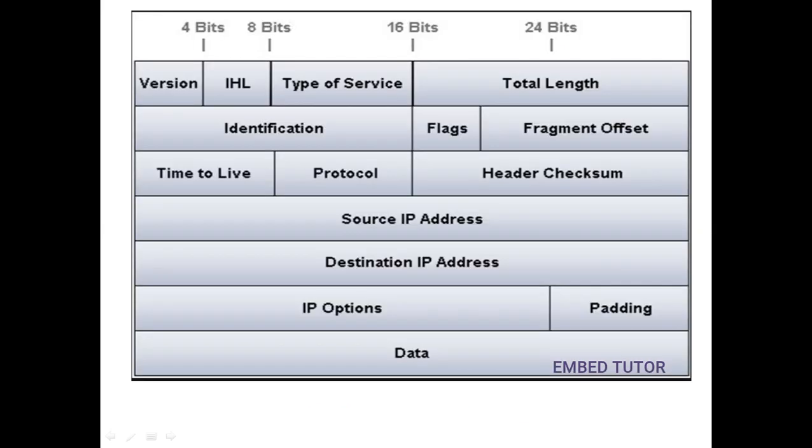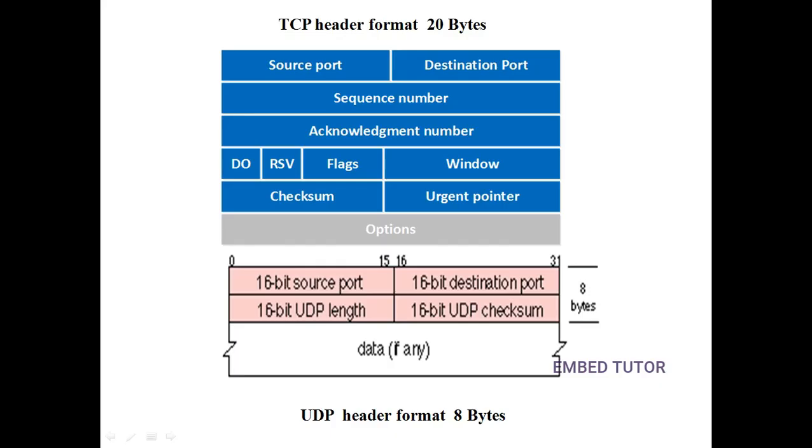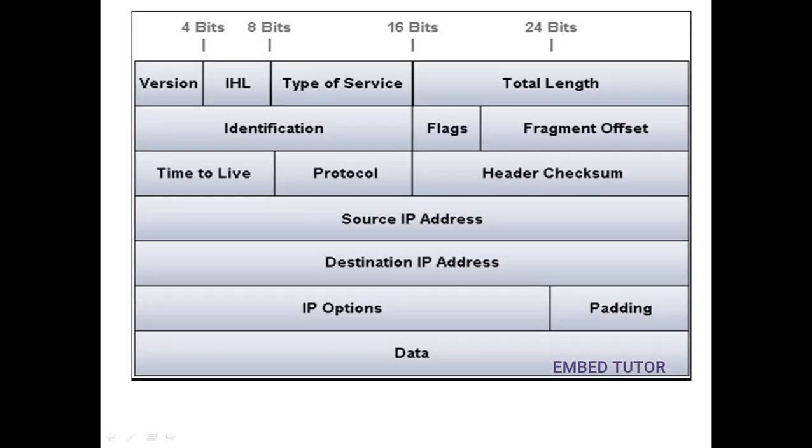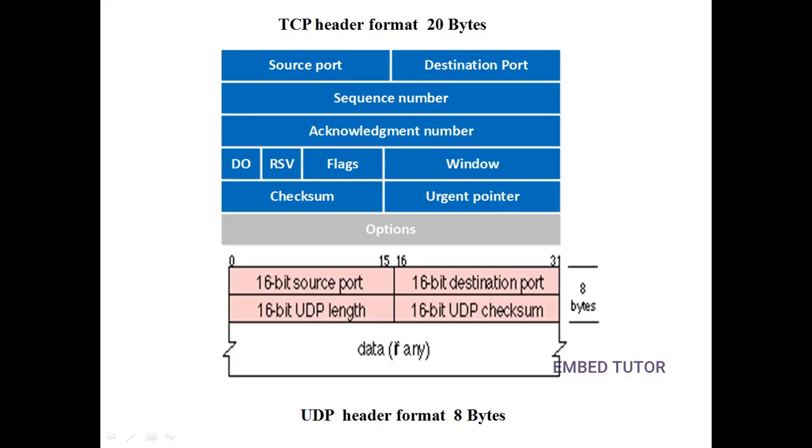Whereas in the UDP header, you have only a 16-bit source port and a 16-bit destination port, and there is an absence of sequence number and acknowledgement number, from which you can have a clear idea that TCP is a reliable connection mechanism, whereas UDP is an unreliable communication mechanism.